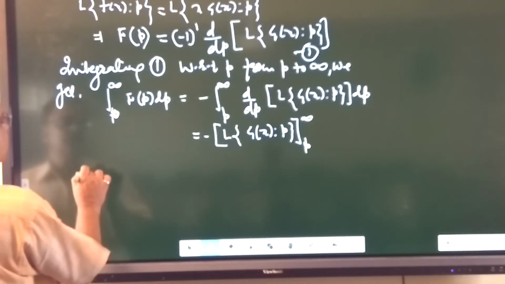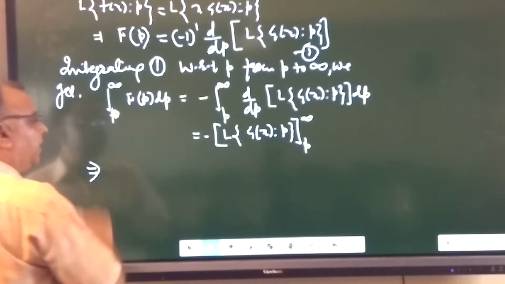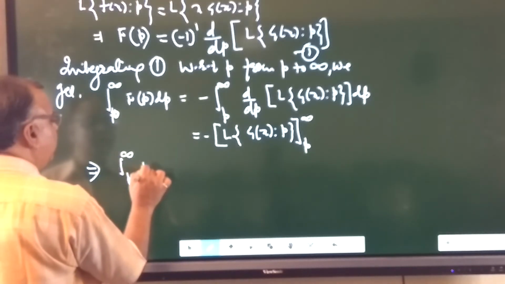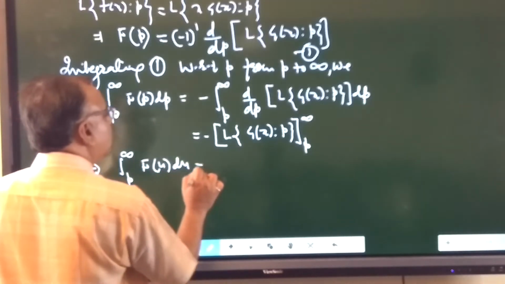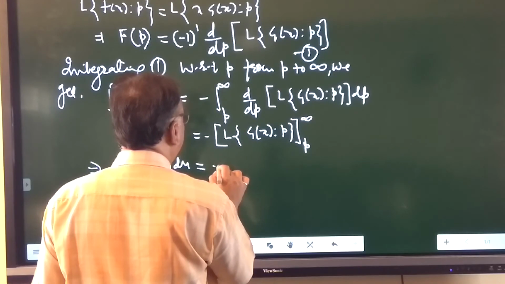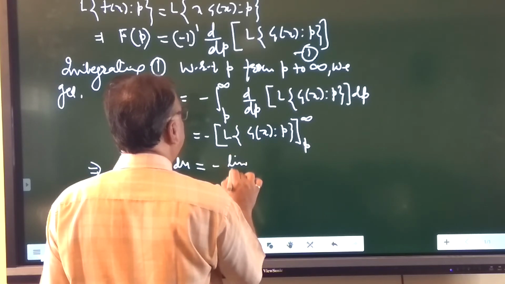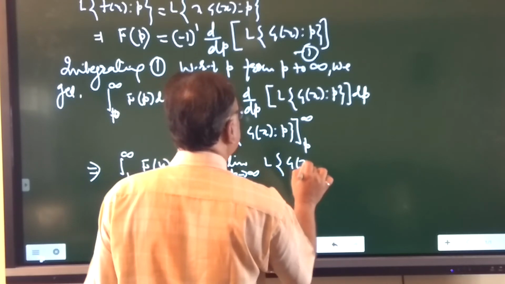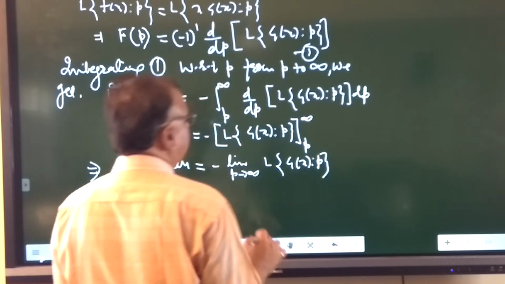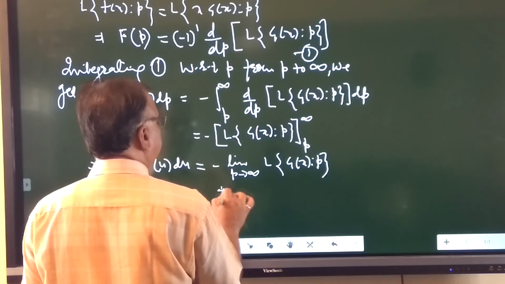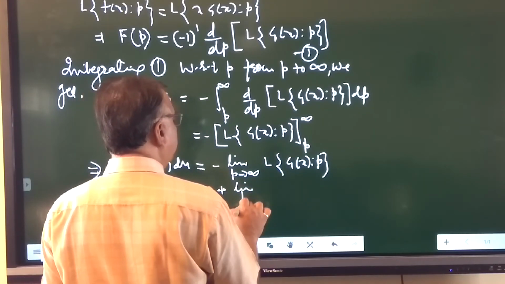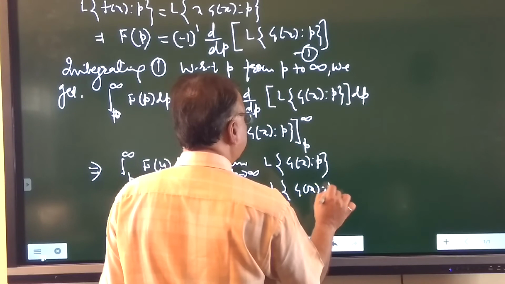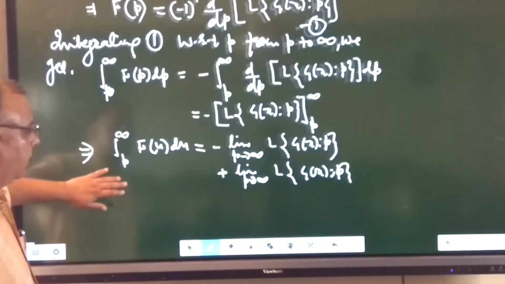Or we can write it as, the left hand side can be written as the integral from p to infinity of F(u) du. This is equal to minus limit p tends to infinity of the Laplace transformation of g(x) with respect to p, plus the Laplace transformation of g(x) with respect to p.